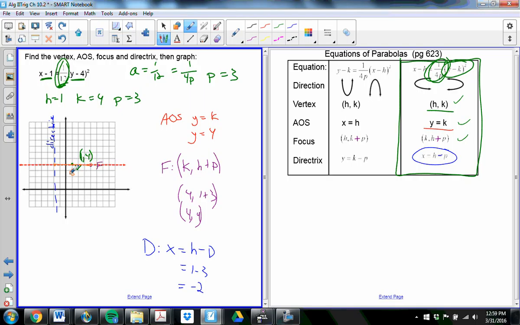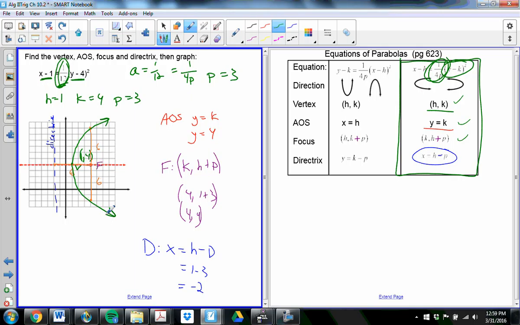Whatever that length is, from the focus, go up or down 6. And now, this length here was 6, and this length here was 6. And those are 2 more points in my parabola that I can kind of curve out from. Every point on this parabola has the same distance from the directrix and the focus.